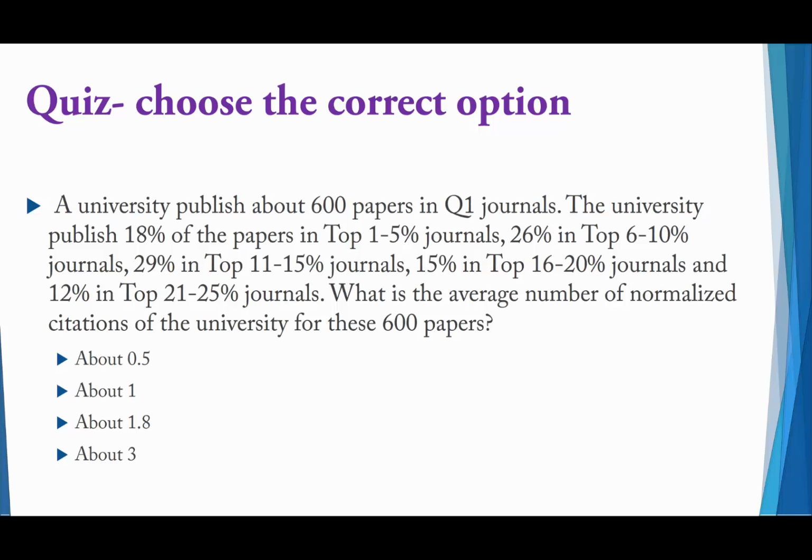What is the average number of normalized citations of the university for these 600 papers? The answer is about 1.